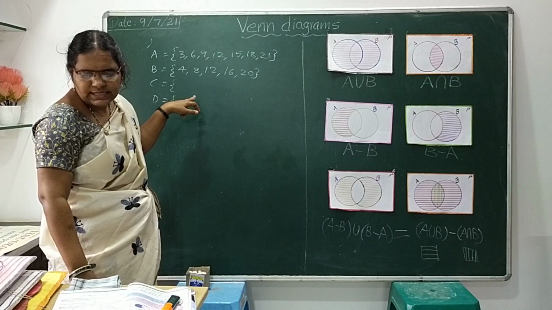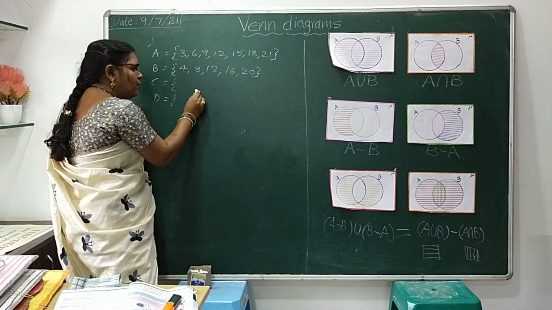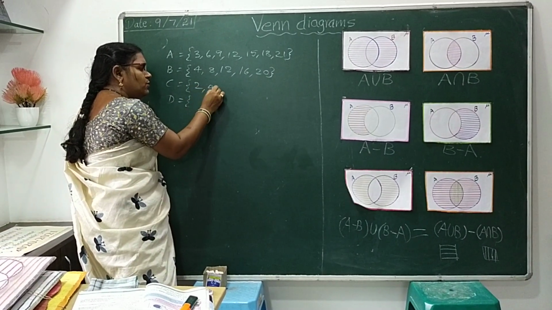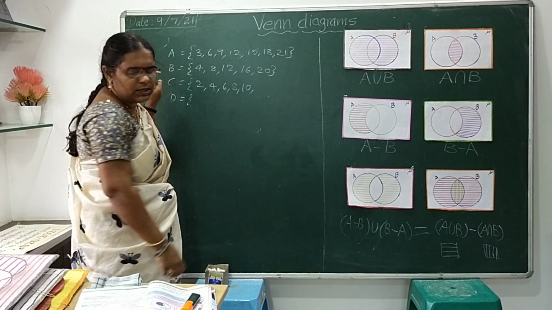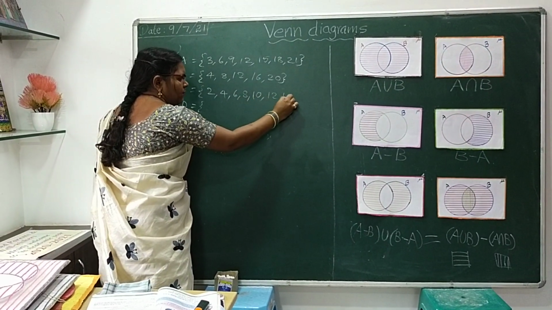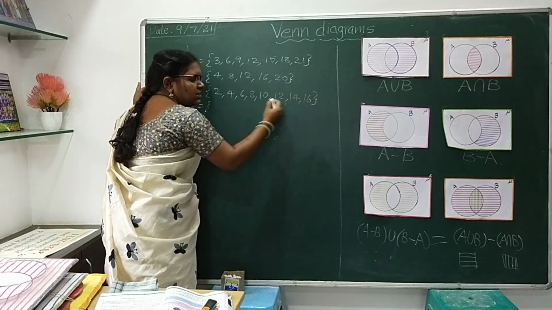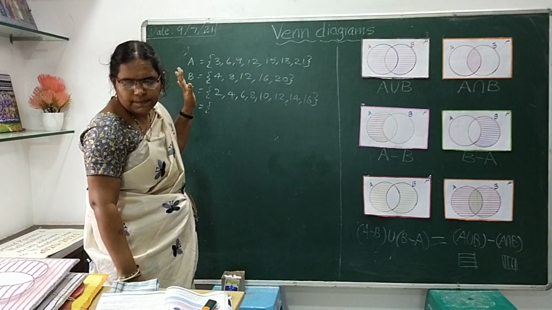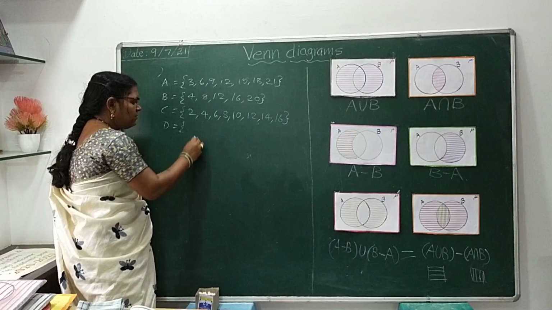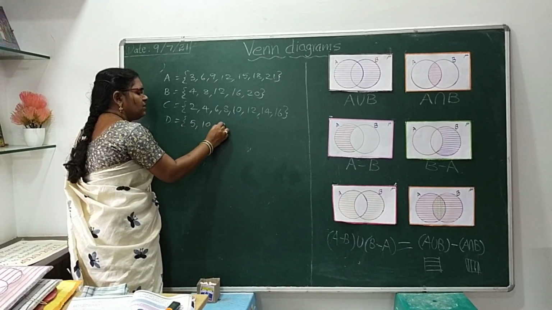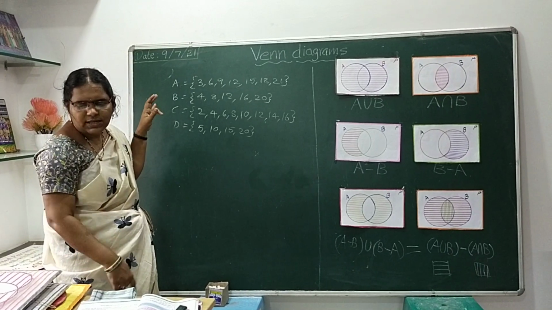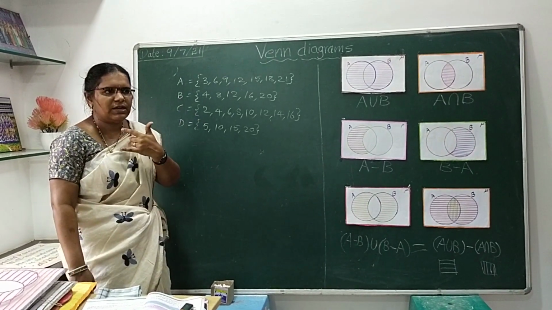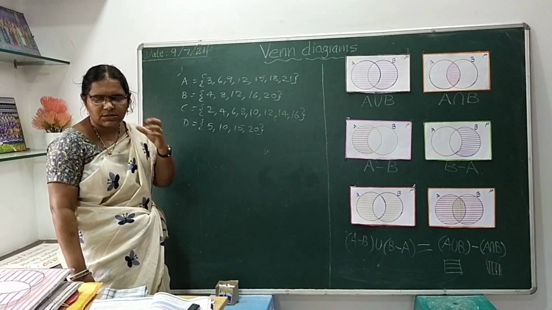Next, C: 2, 4, 6, 8, 10, 12, 14, 16. Next, D: 5, 10, 15, 20 they have given. Now, what have they given? Subtractions, all they have given. Let me show you any two subtractions.